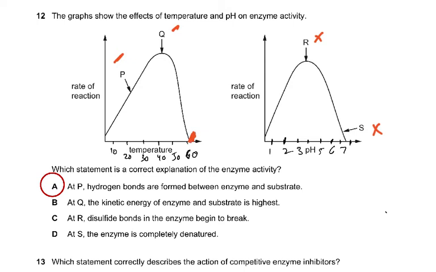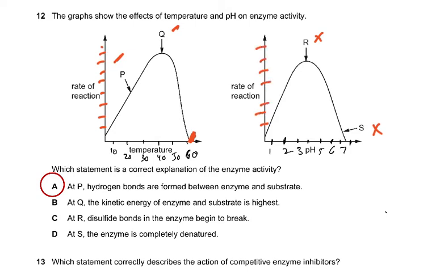The kinetic energy would be the highest here. And pH, let's just write anything on it: 1, 2, 3, 4, 5, 6, 7, anything. Do that all the time. Whenever you're doing a graph, write on the graph, give some figures on the graph. Similarly, you could give some figures here as well, rate of reaction 10, 20, 30, 40, 50, something like this.